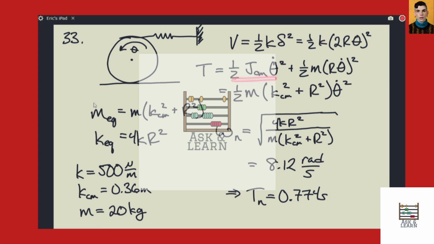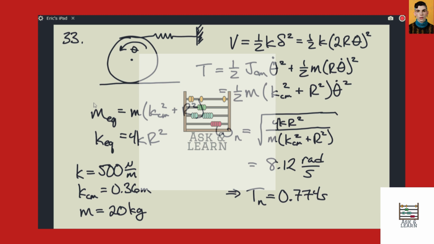The moment of inertia about the center of mass we were given in terms of a radius of gyration, so that is m times k_cm squared. The velocity of the center here is r theta dot, so we have 1/2 m (r theta dot) squared. And so that reduces to this expression here.